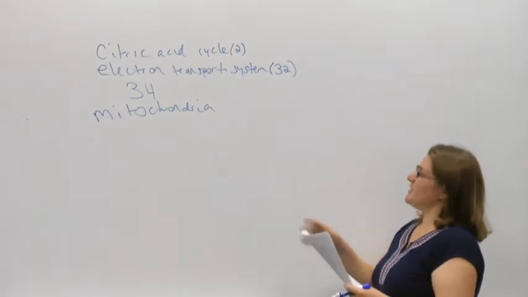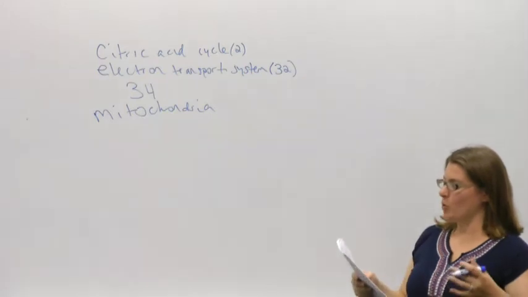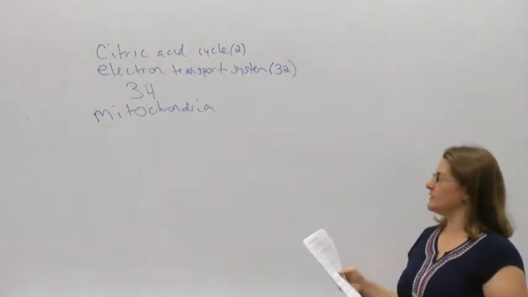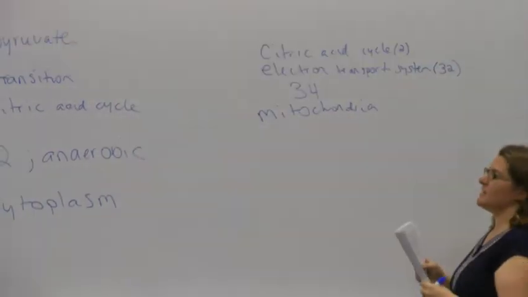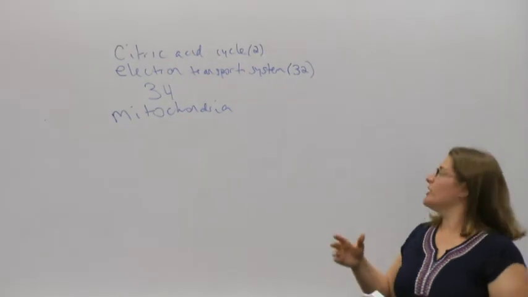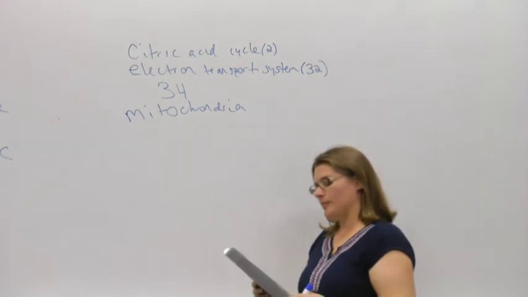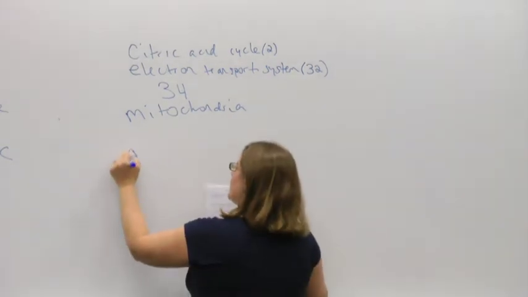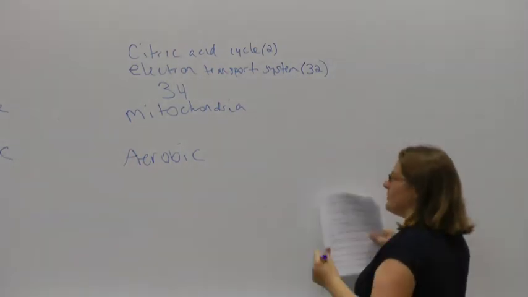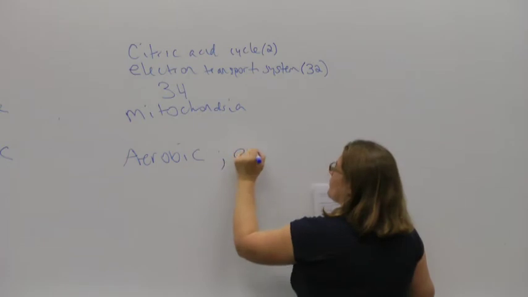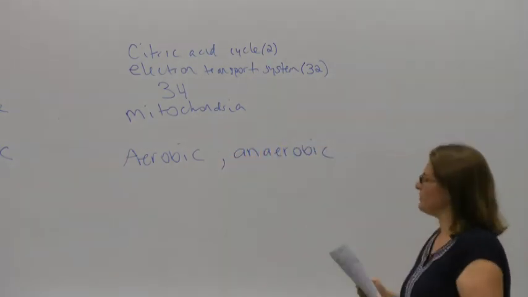Okay? But considering this, for number 5, what kind of respiration is more efficient than the other kind? Considering that this respiration makes only 2, and the processes of aerobic respiration involve all this, right? So what would you guys say for number 5? Aerobic. So aerobic respiration is a more efficient producer of energy than anaerobic respiration. Okay.